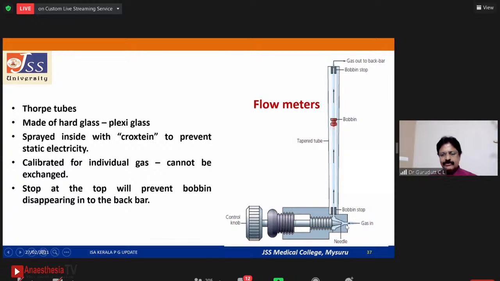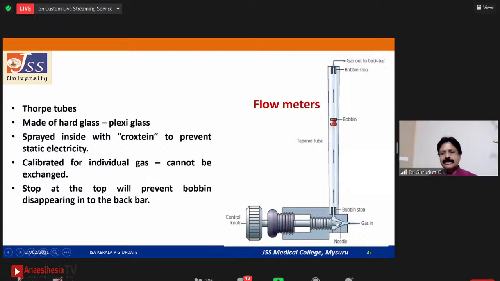One more thing I want to tell you: the oxygen may be flowing in the Draeger machine and also in the GE machines at slightly higher pressures. So how does the pressure drop further, so that at the common gas outlet the pressure will be just above atmospheric pressure, between 4 to 8 psig? Here the gases flow through a narrow space in the flow control valve. These are called needle valves.